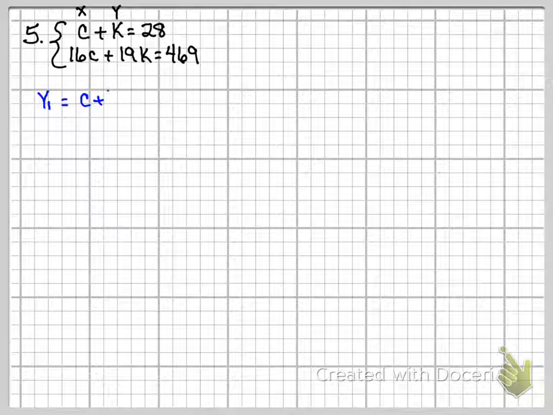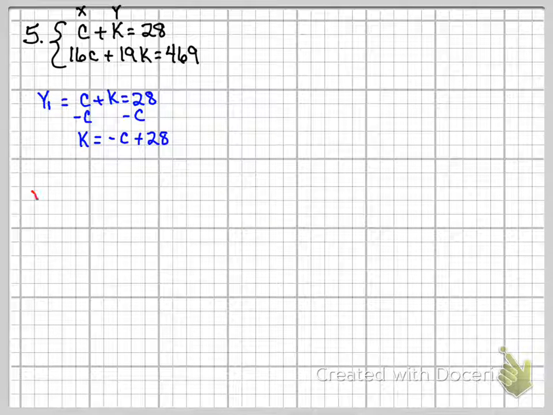Y1 is C plus K is 28. We'll subtract our C. K is equal to negative C plus 28, excuse me. Okay, Y2 is 16C plus 19K is 469.